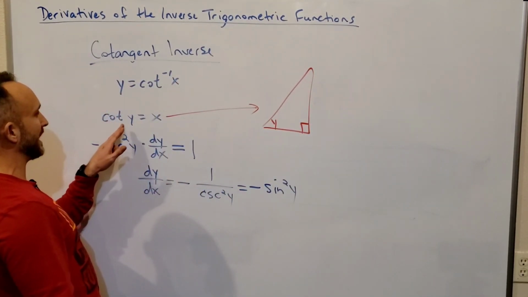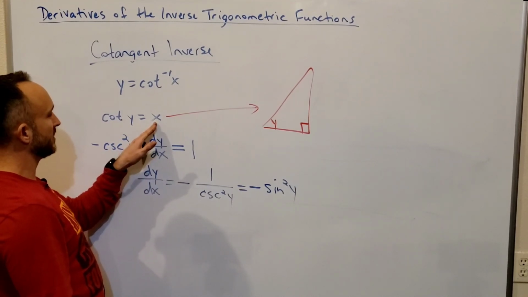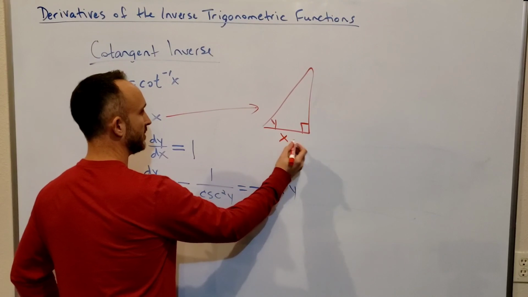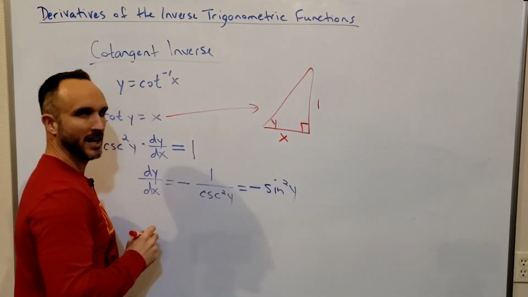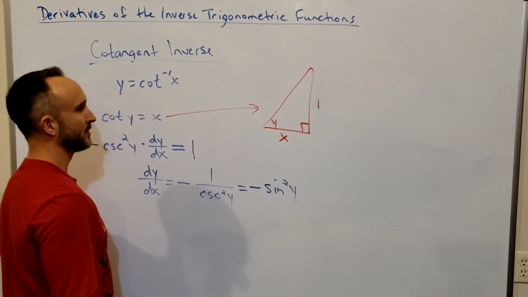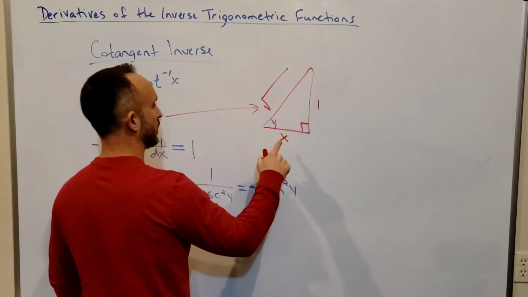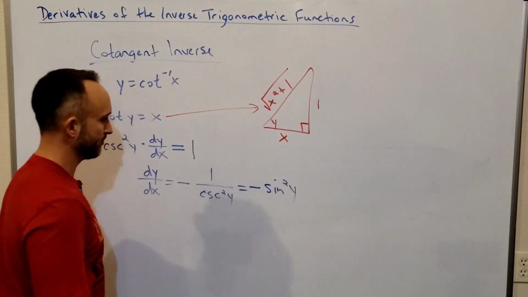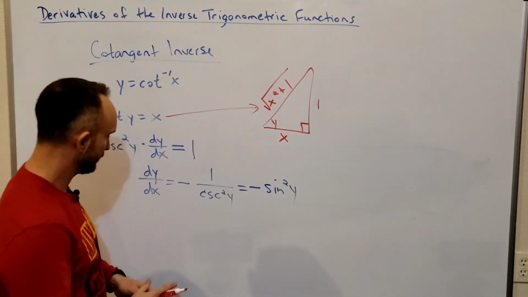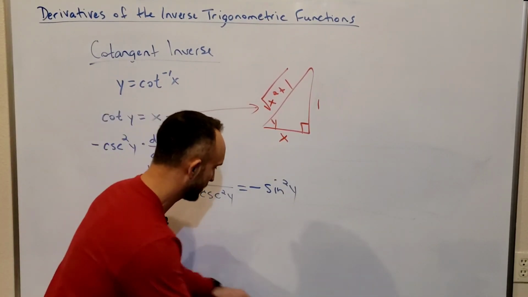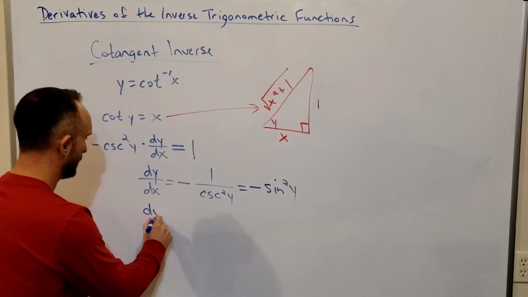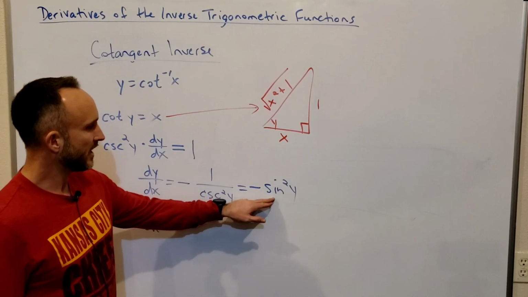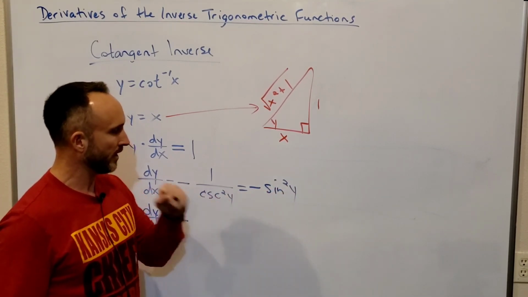We know that the cotangent of this angle y is x. So that means adjacent over opposite should equal x. So we have x over 1. The hypotenuse of which would be the square root of x squared plus 1 squared. Okay? And so now, dy dx is negative sine of y quantity squared.